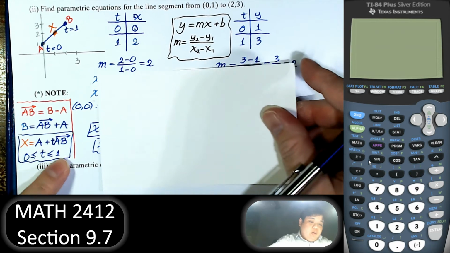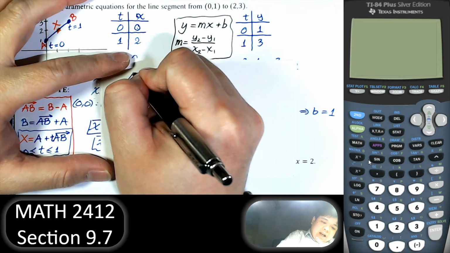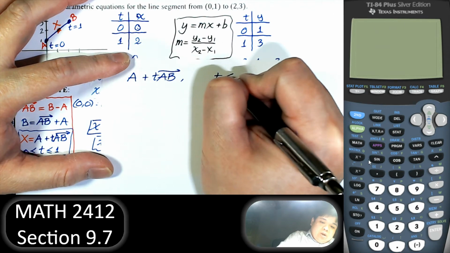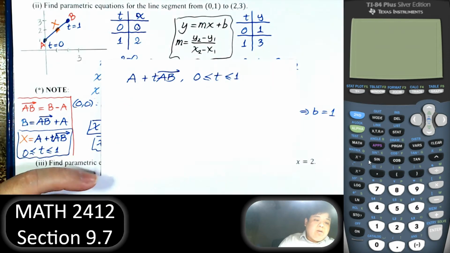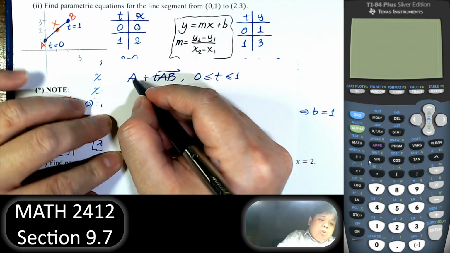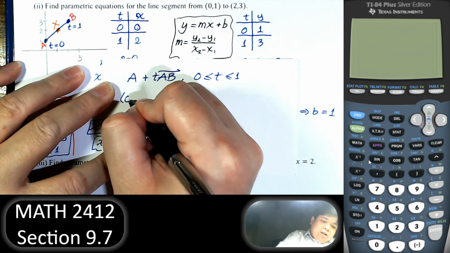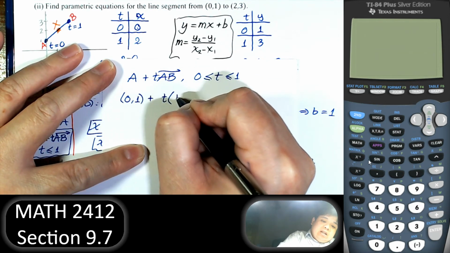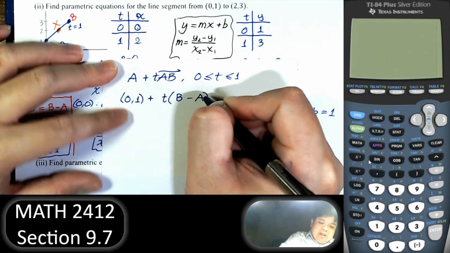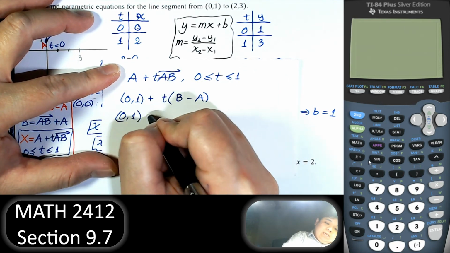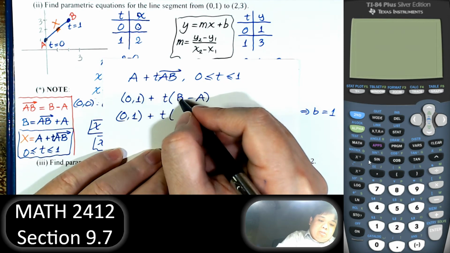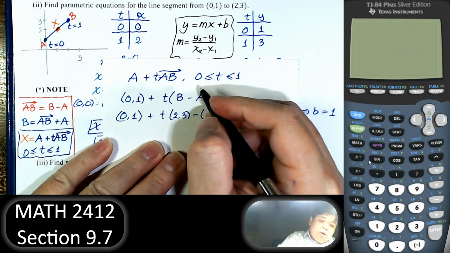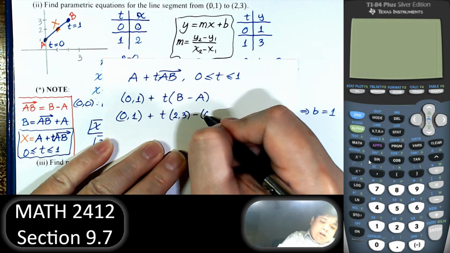So if we use that formula here, once again: A plus t times the vector AB, t between 0 and 1. Start from the point A, which is 0 and 1. Vector AB is point B minus point A. So I have 0 and 1 plus t times the point B (2, 3) subtract point A (0, 1).